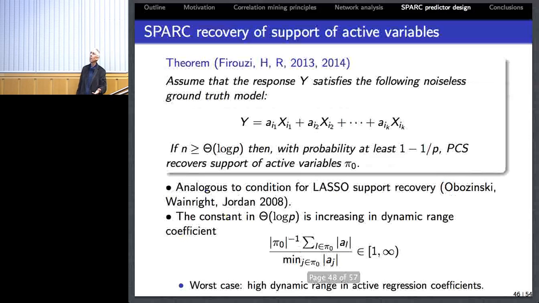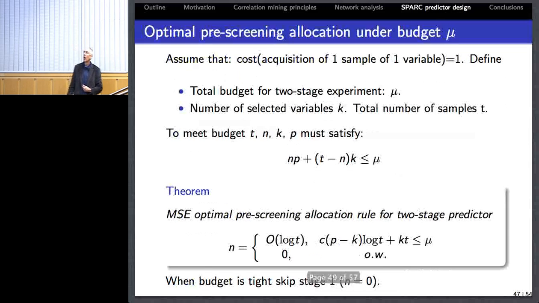There's a theorem that comes with this that tells you how you should sample. This theorem in particular is very important. You have a total budget of T dollars. This is the number of samples you should allocate to get optimal detection and prediction performance at the end of the day, after you do this two-stage process.